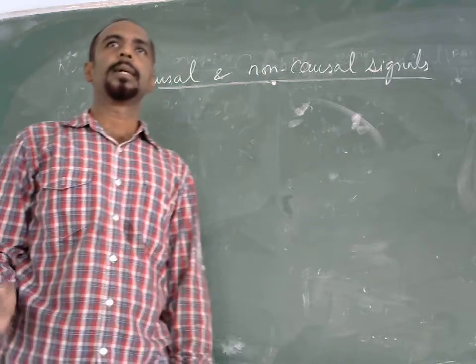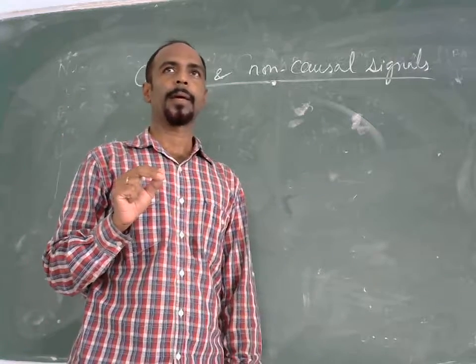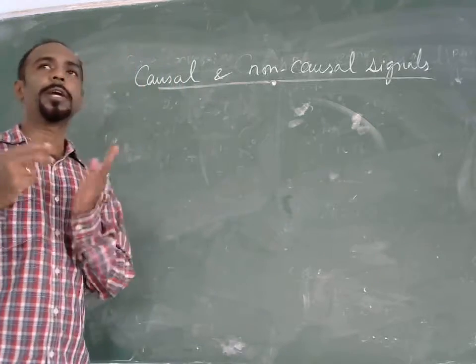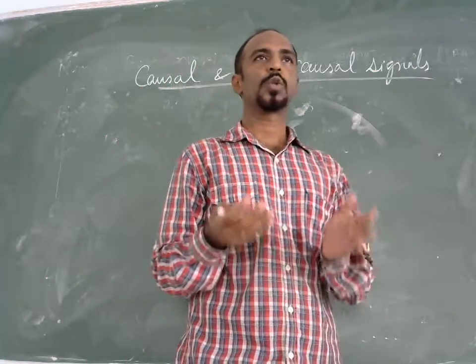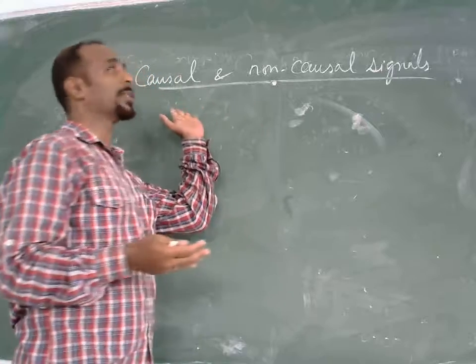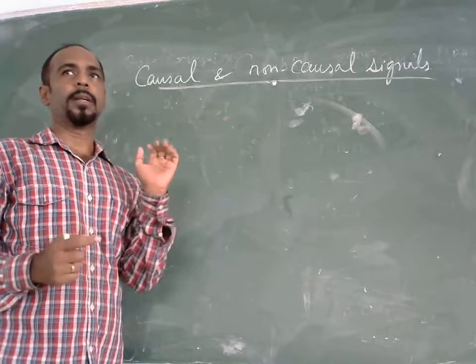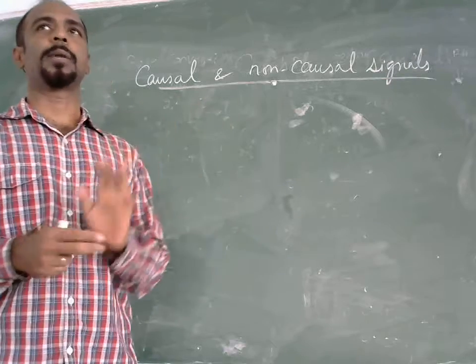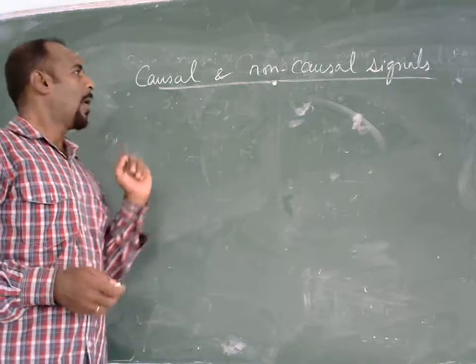What we mean by causal is that it caused something. That means when I give an input, it causes an output. So that is what we call a causal and non-causal signal. So this signal will cause something. It's not casual, so it is causal.